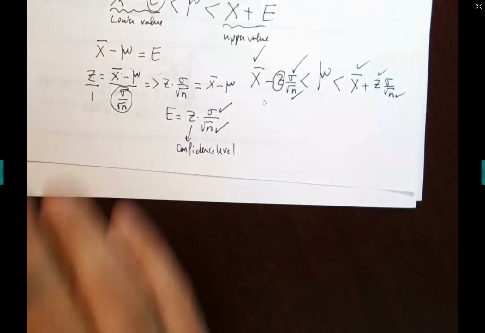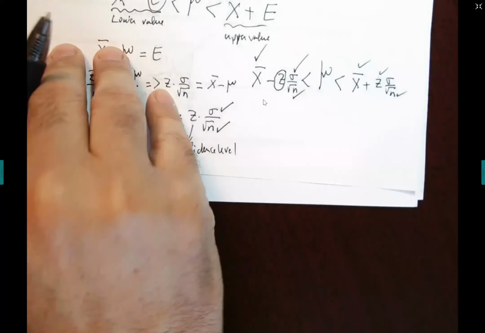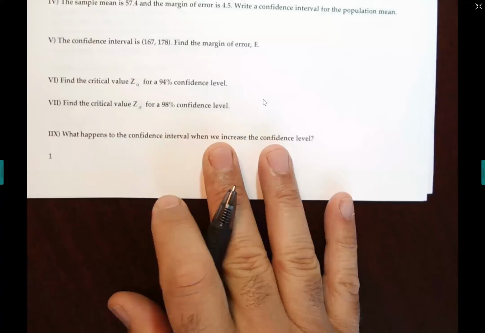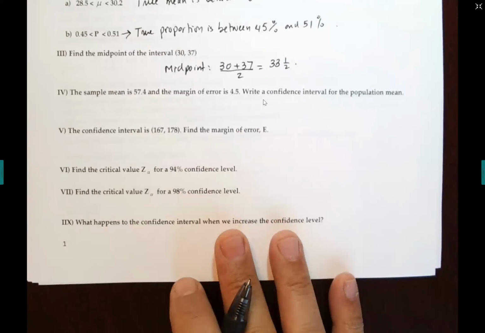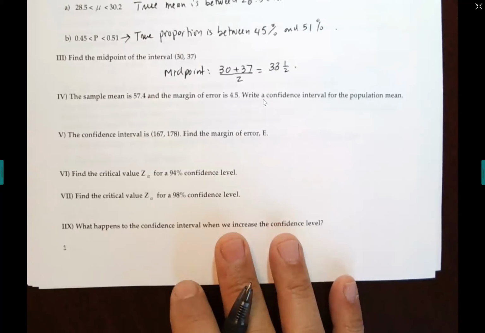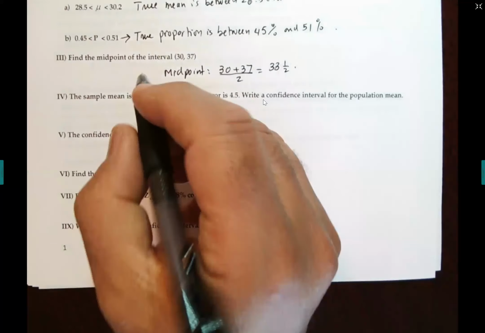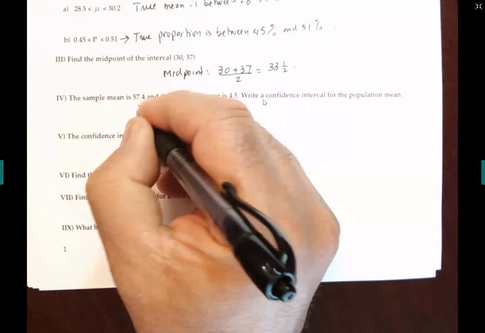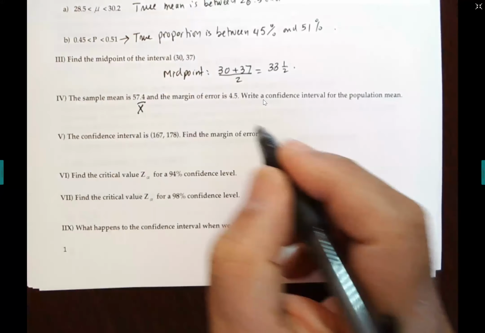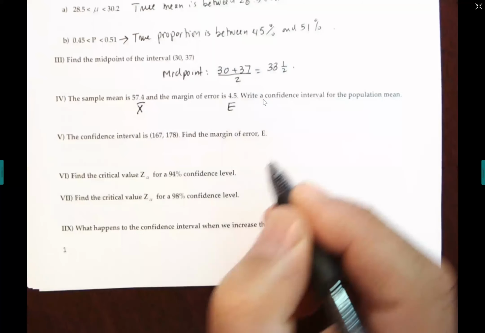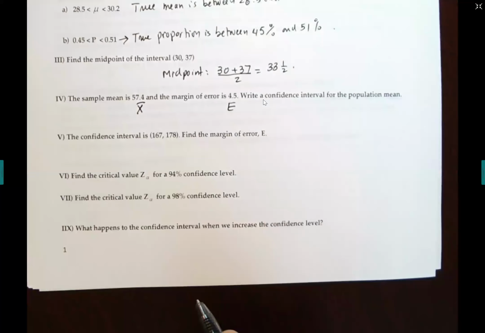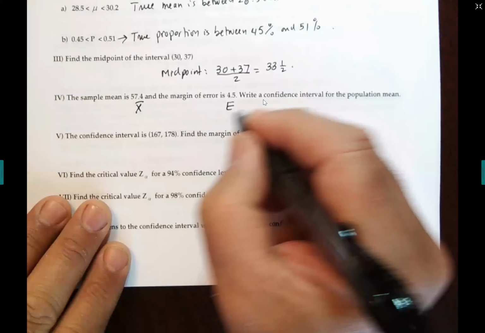As I told you, this is the key. And then let's go back. All right, we'll continue with this. Number 4. The sample mean X bar is 57.4 and the margin of error E is 4.5. Write the confidence interval for the population mean. So here is the population mean formula, guys.